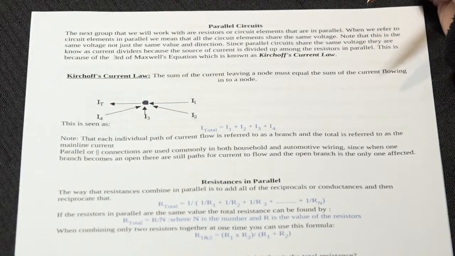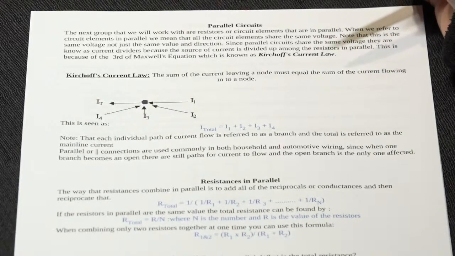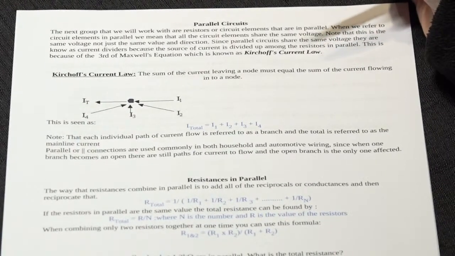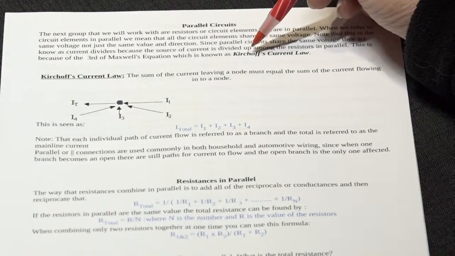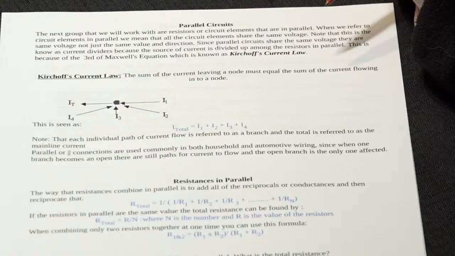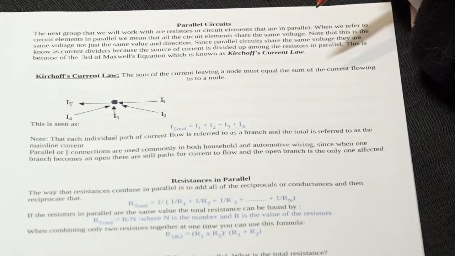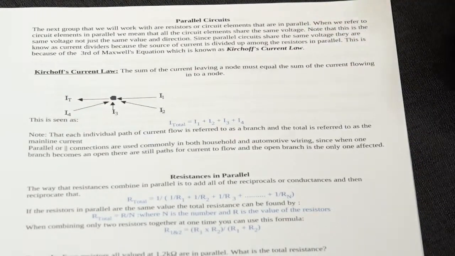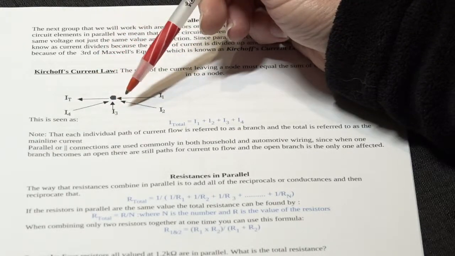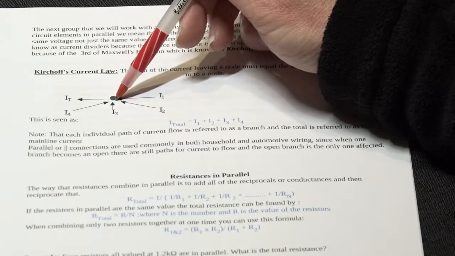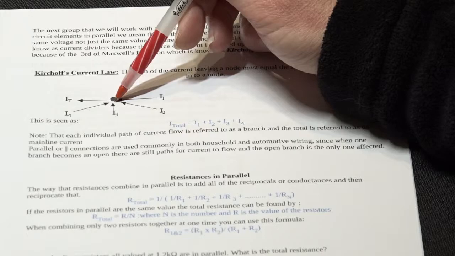In fact, we now apply the third law of Maxwell's equations, and that is Kirchhoff's current law. Kirchhoff's current law basically says the sum of the current at any point is equal to 0.